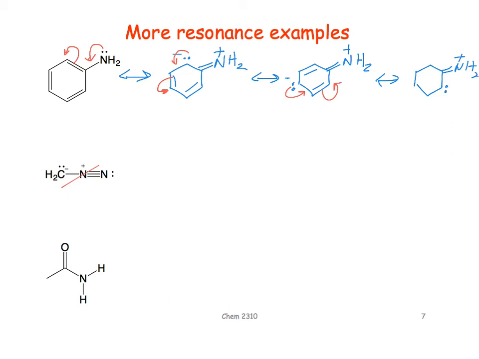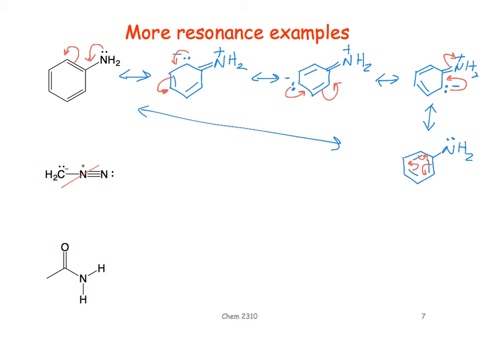Plus there, minus over here. And then we can do this one more time. These electrons go back onto the nitrogen. Now we have the double bonds like this, which are just shifted from what we started with. So we could draw our arrows to convert this structure back to the starting one. So this goes back here.